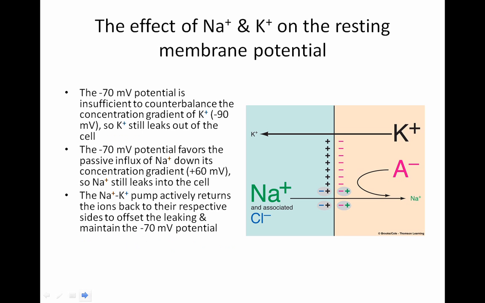Will it ever satisfy the condition? No. Why? Because we have the sodium-potassium ATPase. So what we have here in our cells is a constant movement of ions down their electrochemical gradient, never being able to reach the equilibrium potential for either ion, and so we're having this constant movement.